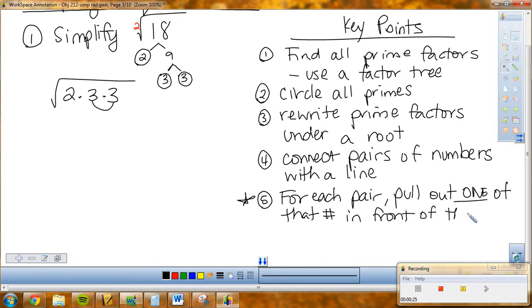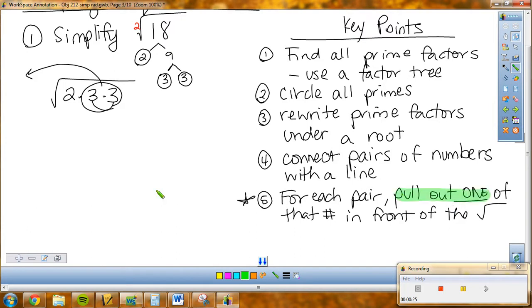of the radical. Right? So what that means is I have a pair of 3s. So I'm going to pull these 3s out of the radical. But for each pair, I'm only pulling out one of that number. So I have 2 3s, but I'm going to pull out just one of them, and then I leave whatever doesn't have a pair inside.